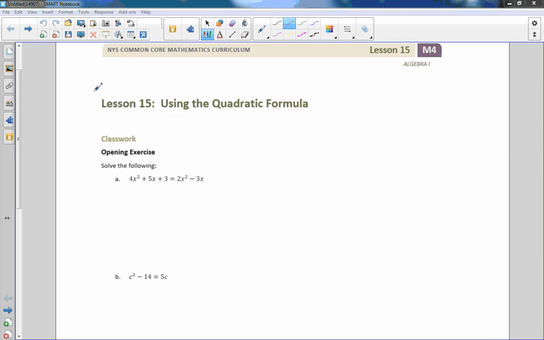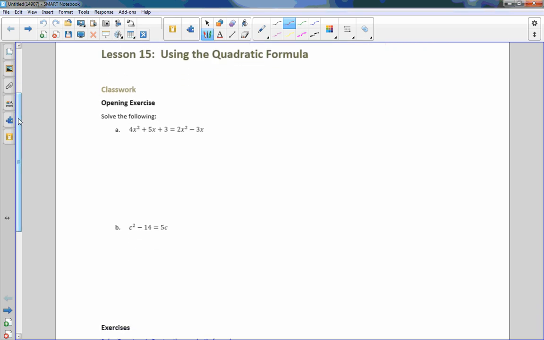Okay, I love the quadratic formula. It doesn't matter what type of problem you have, you can solve it using the quadratic formula. And keep in mind what that means. If I have a quadratic and I graph it, and it looks like this, a quadratic that's positive, so A is positive.